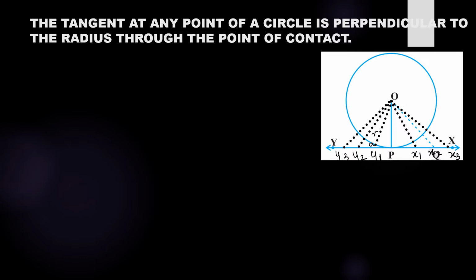In the same way, OY2 is the radius plus some distance, r plus b, and it is more than a. Then r plus c.